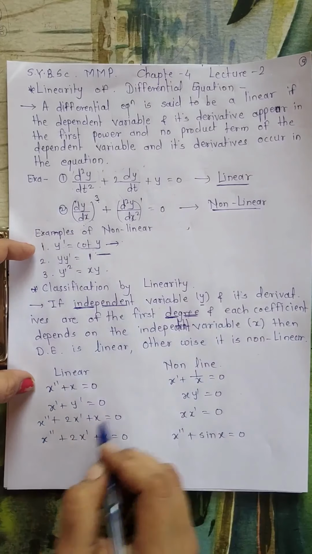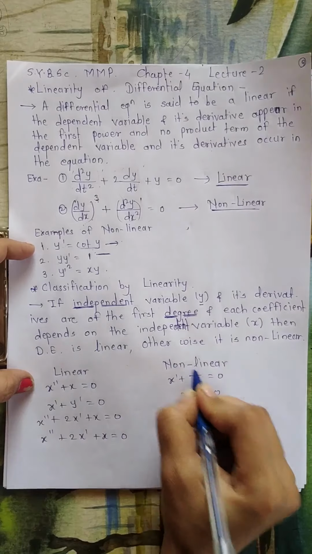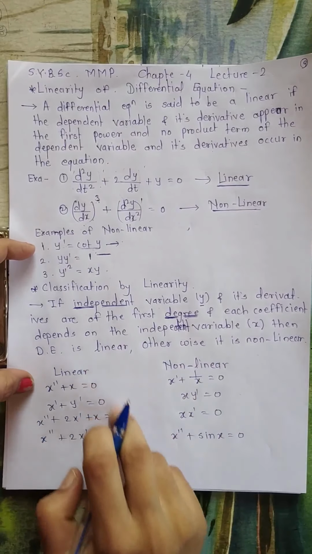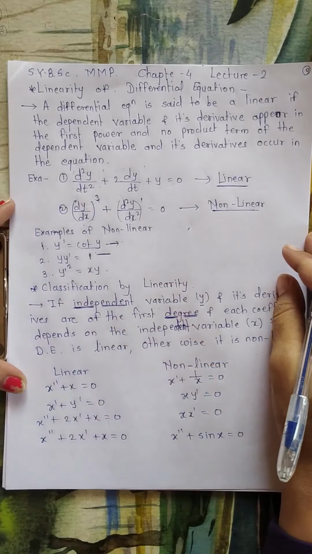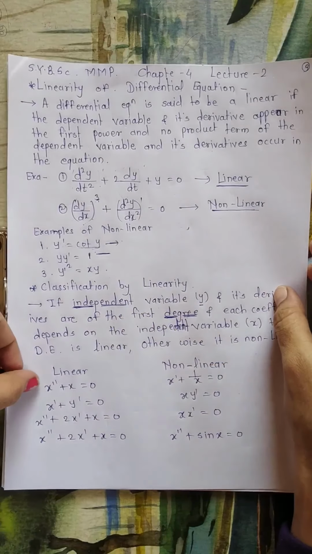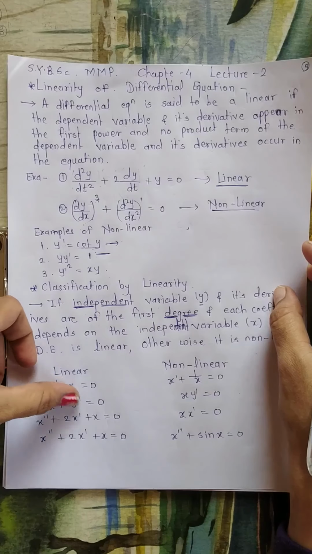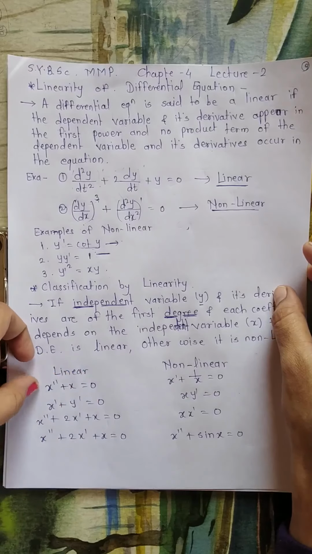In books they have given some classification of linear and non-linear differential equations, and these are examples according to this classification. The first example is x double dash plus x equals 0, x dash plus y equals 0. Here you can observe there are no product terms of the variable and its derivative.